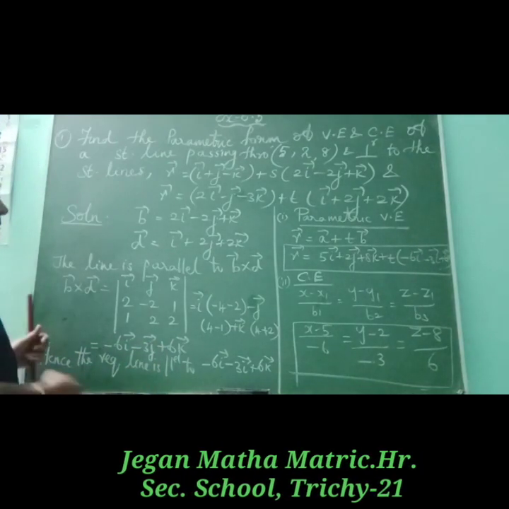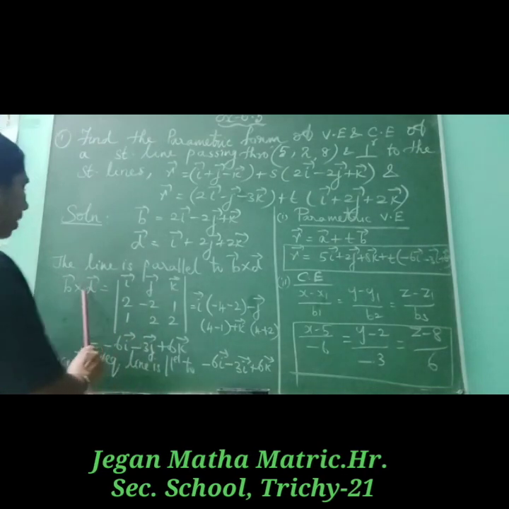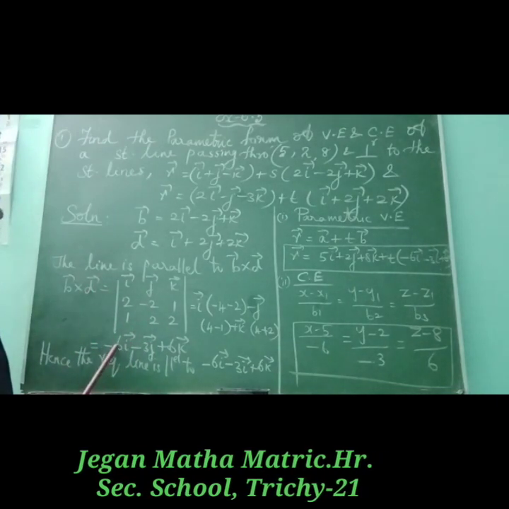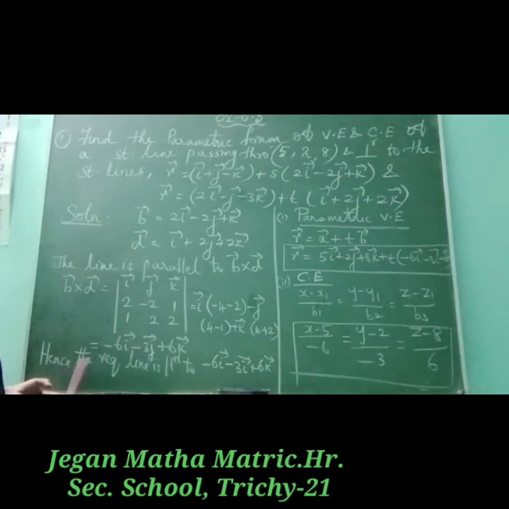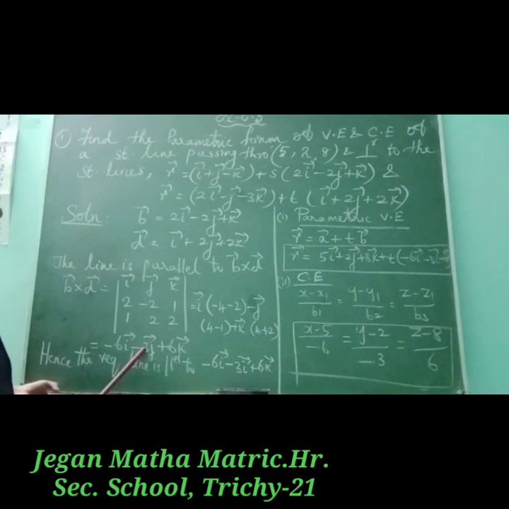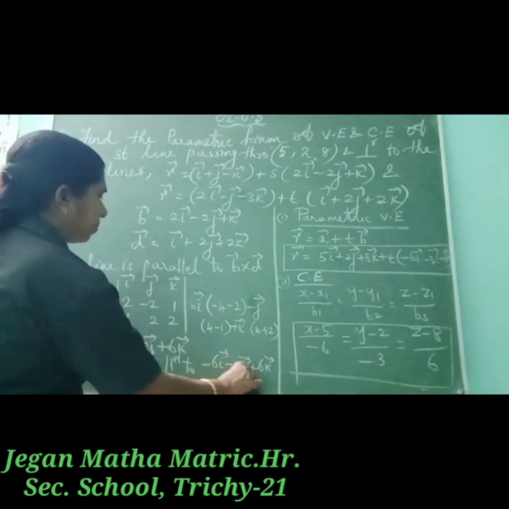This is the value for b cross d. The value we found for b cross d is the direction of the required line. Therefore, the required line is parallel to minus 6i minus 3j plus 6k.